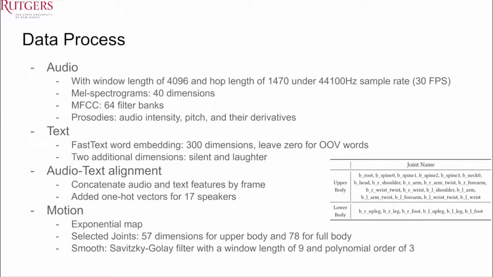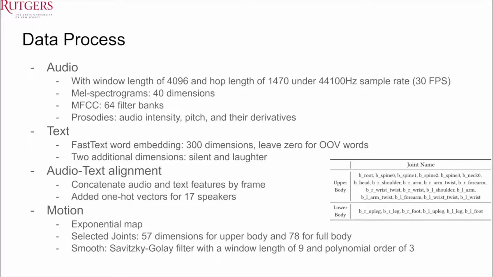We use the Librosa package for the first 2 features. We set the number of filter banks to 64 for Mel spectrograms and use 40 dimensions for MFCCs. The prosodies are extracted using the Parselmouth package. All audio features are normalized and concatenated before being passed to the model, and the prosodies we extracted are audio intensity, pitch, and their derivatives.